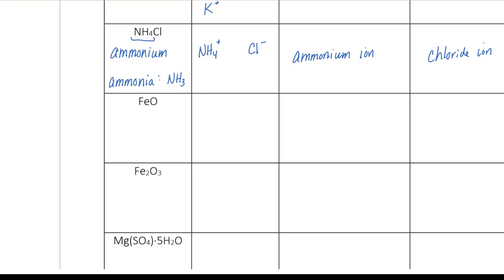Where things get a little bit more interesting is when we start to look at transition elements, which can have more than one possible oxidation state or charge. We'll use those terms kind of interchangeably at this level of chemistry. When we take a look at the Fe and O here, we can see that they're present in a 1-to-1 ratio. And so we know that there's going to be one iron ion for every one oxygen ion.